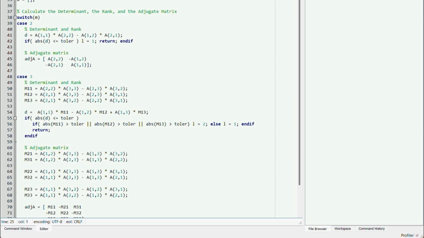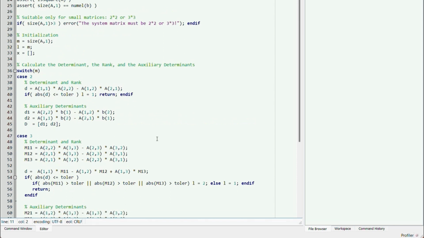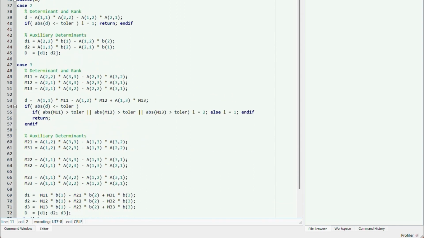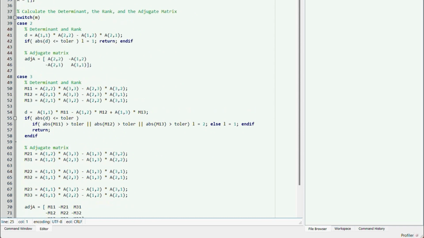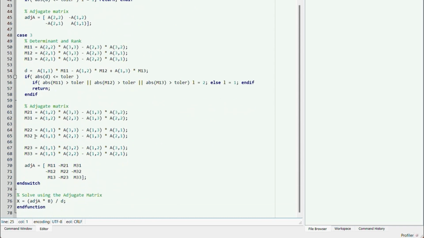Exactly the same as Cramer's rule. And then we calculate the minors by columns and we put them in the adjugate matrix, taking care of the sign: plus, minus, plus, etc. So minus, plus, minus, plus, minus, plus.